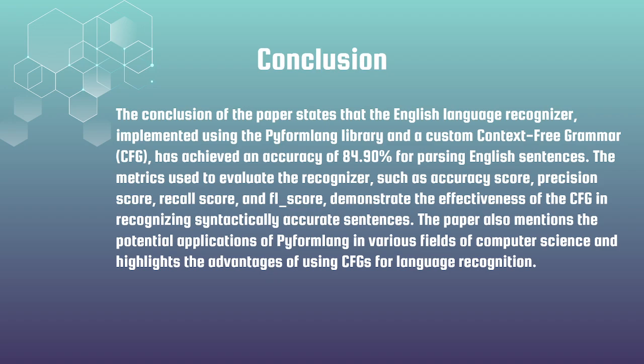The metrics used to evaluate the recognizer, such as accuracy score, precision score, recall score, and F1 score demonstrate the effectiveness of the CFG in recognizing syntactically accurate sentences. The paper also mentions the potential applications of PyFormLang in various fields of computer science and highlights the advantages of using CFGs for language recognition.